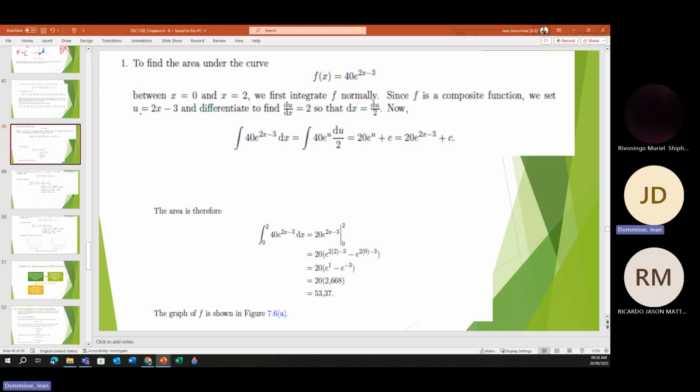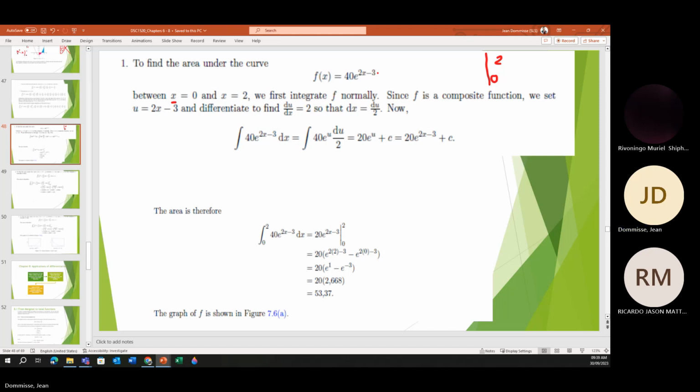But now you see they tell us we need to work between the values of 2 and 0. Okay, so now we need to integrate this.